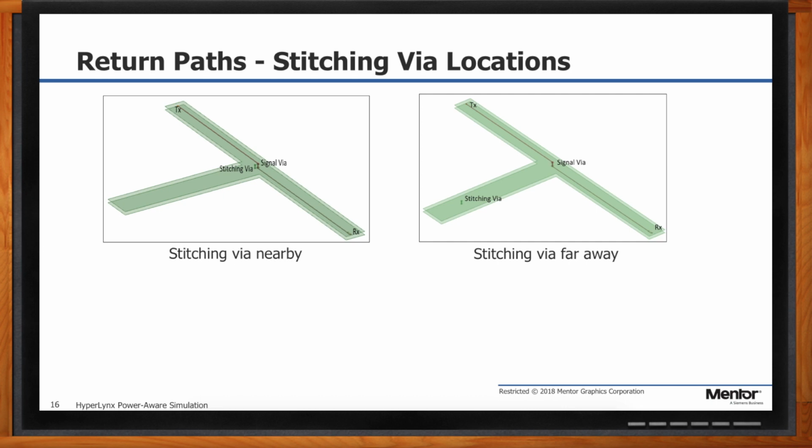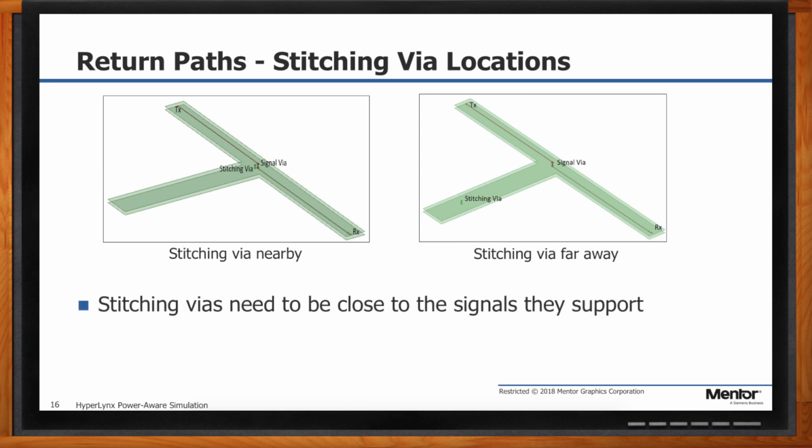What we'll do is we're going to take this trace that goes from the top of the board down to the bottom of the board, and then we're going to use the stitching via to channel the return current, all right? And we're going to try two different experiments. On the top left there, what we've got is this trace kind of coming from the top left, and then in the middle of the board, it goes to the lower layer and it goes down to the bottom right. And in the diagram on the left, there's a stitching via right next to the signal via.